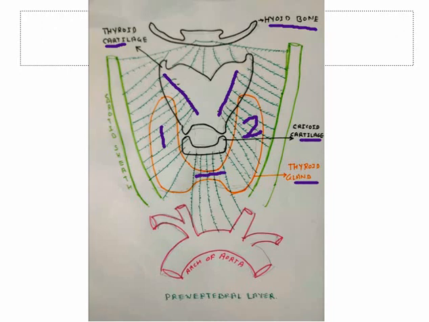So in other words, this pretracheal layer forms the false capsule of the thyroid gland. And now below the thyroid gland, it encloses the veins, and then it runs below and attaches to the arch of the aorta. It attaches to the fibrous tissue over the arch of the aorta.